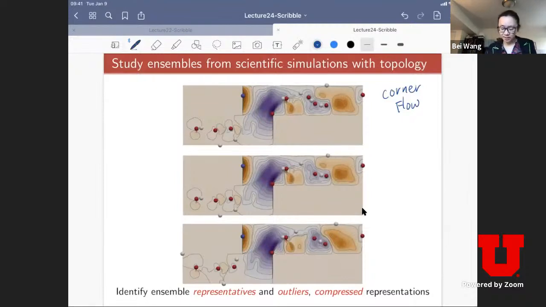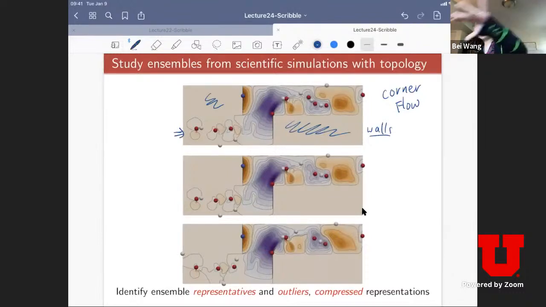Think of this area as solid walls, and you have some fluid that starts from here and flows, avoiding those boundaries. The color is what we call the velocity magnitude. It somewhat captures certain patterns in the flow.